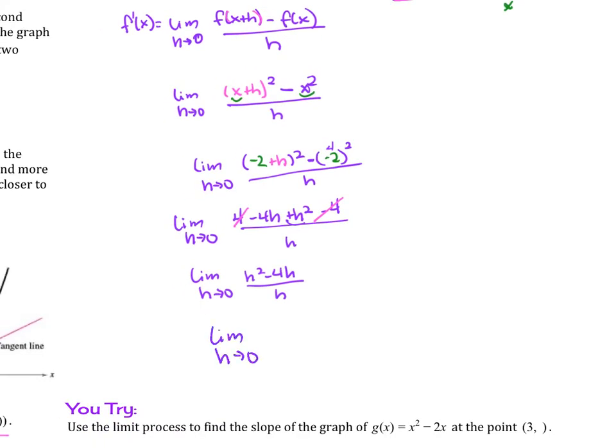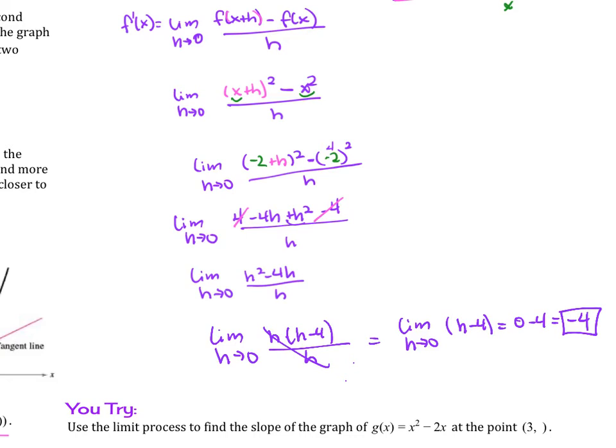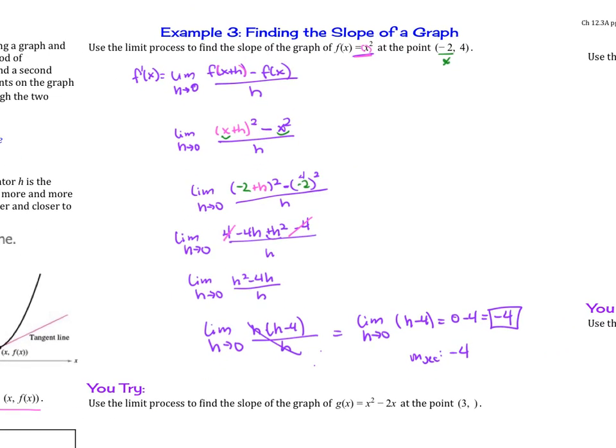Limit as h approaches 0 of h times h minus 4 over h. The h cancels. We now are looking at the limit as h approaches 0 of h minus 4, or 0 minus 4, which is -4. So that is our slope of the tangent line at that specific point of -2, 4.